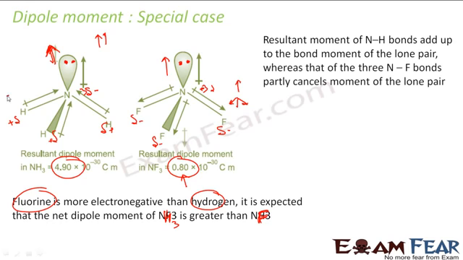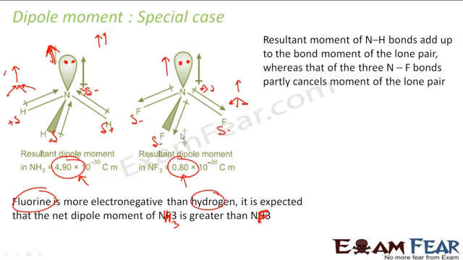But in the NH3 case, the net dipole is in this direction, plus this is my lone pair dipole. Everything is adding up. So that's why the resultant dipole in case of NH3 is much more than NF3. But if you talk about individual dipole, then NF3 is stronger. But the way it is arranged, it is cancelling each other.